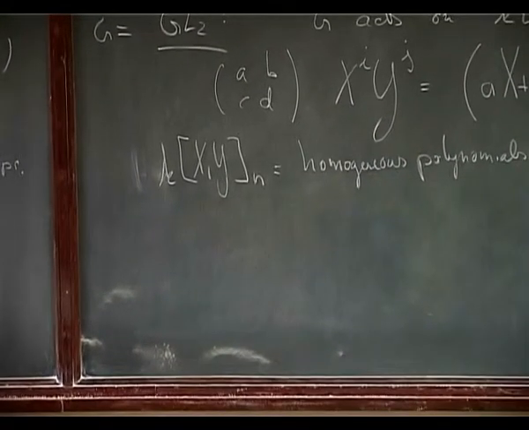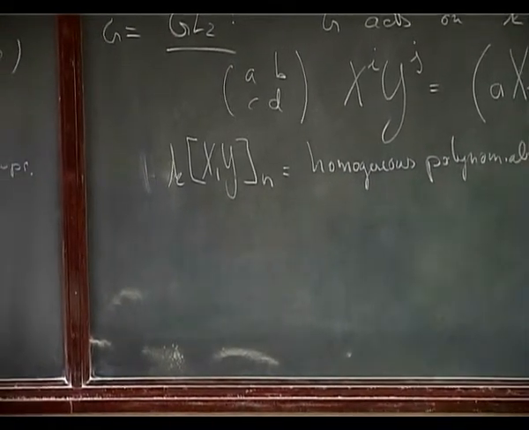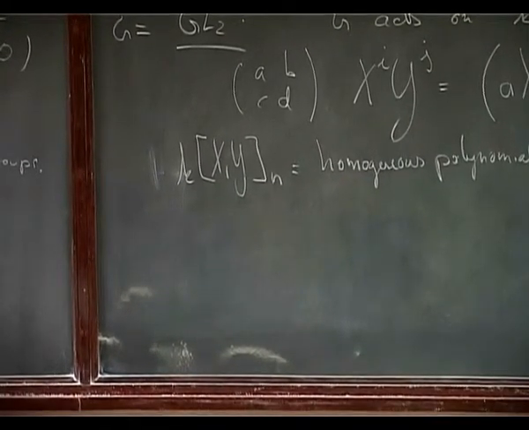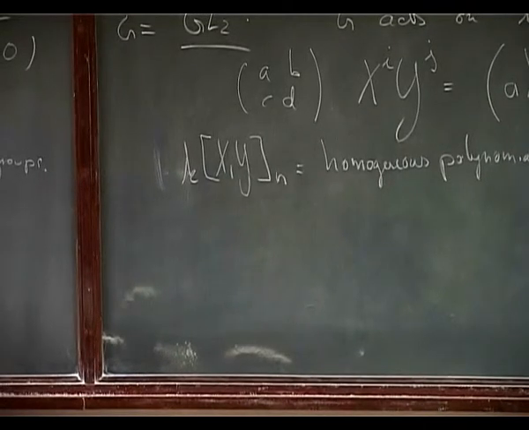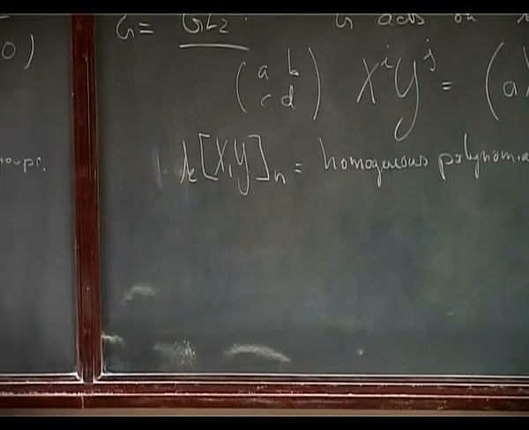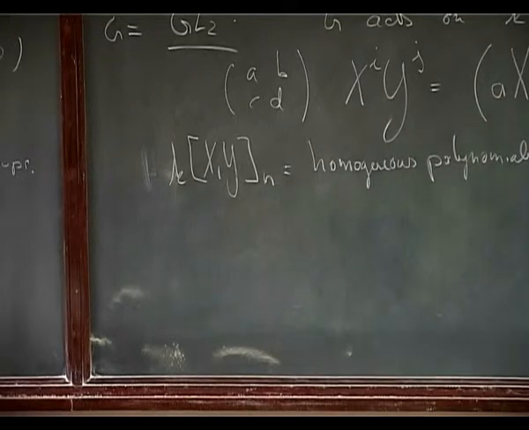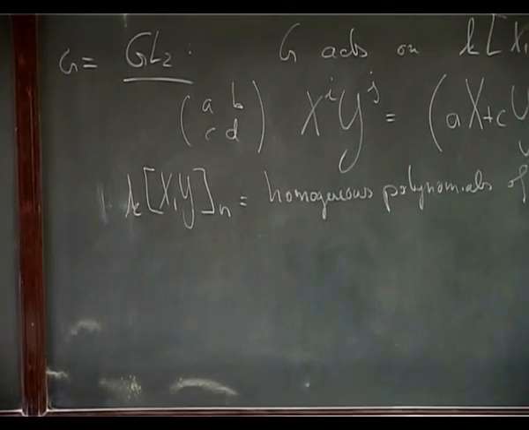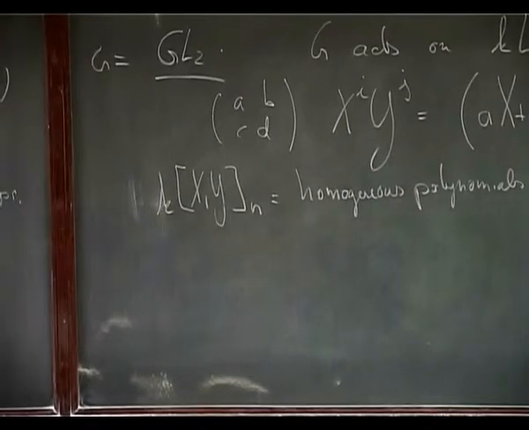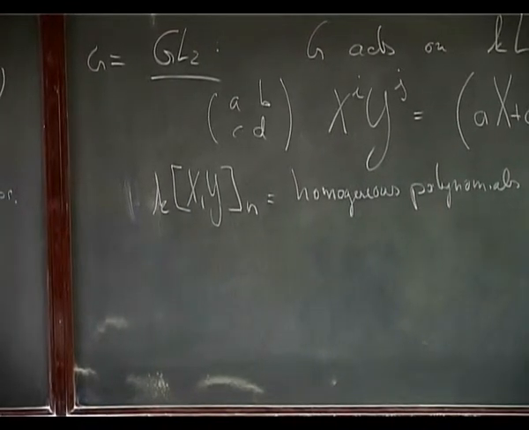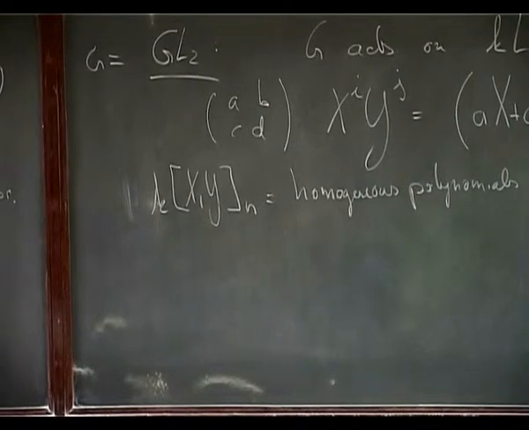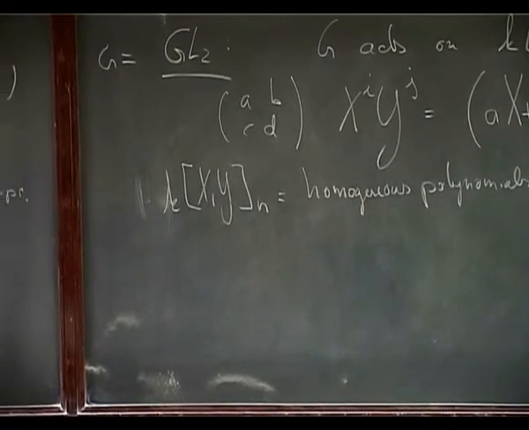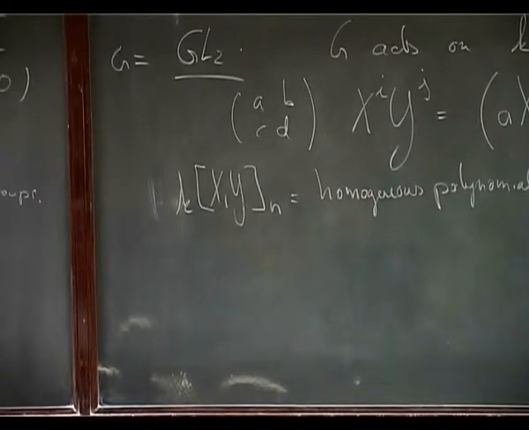So to understand this action, you expand these expressions, and you get long expressions, polynomials in a, b, c, d in front of these homogeneous monomials, and you can see, by waving your hand a little, that this is an irreducible representation, so it doesn't have a non-trivial subrepresentation in case the characteristic of your ground field is 0.